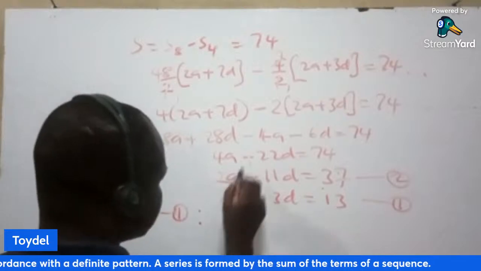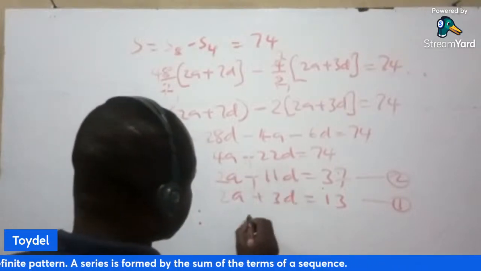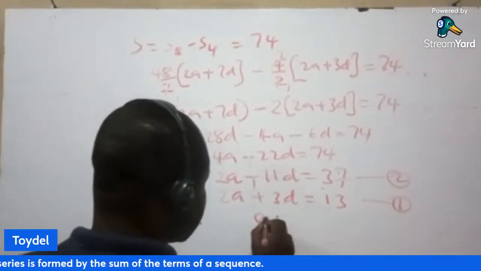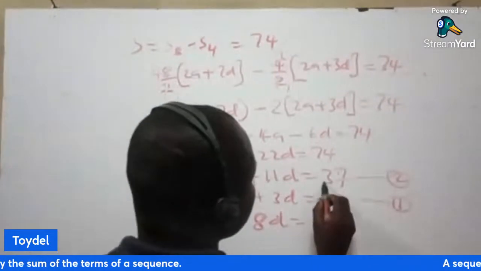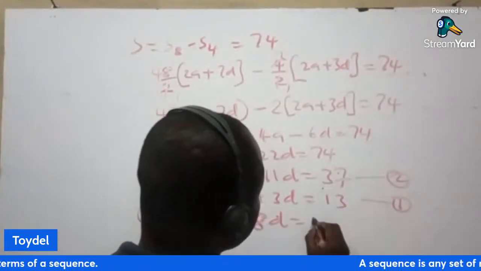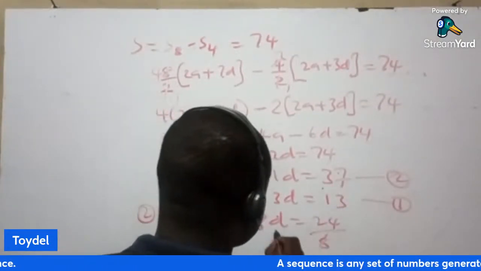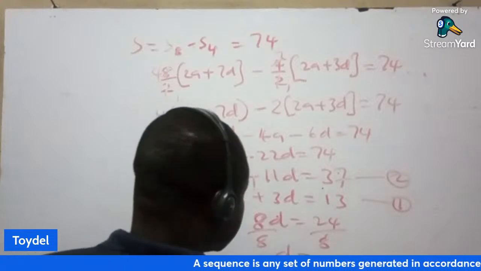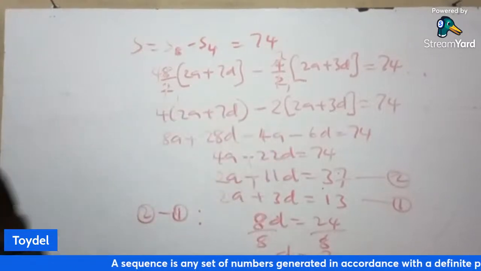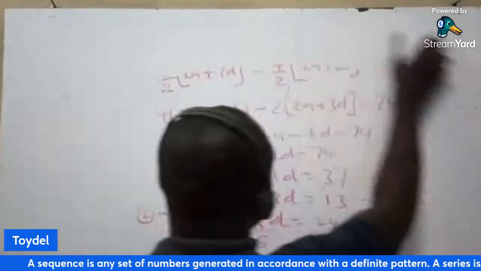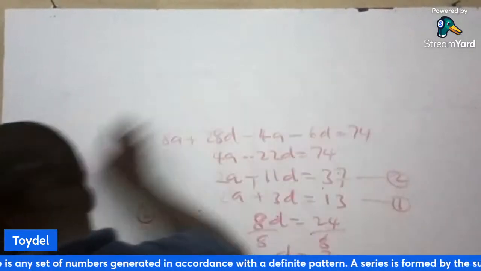If we do that, 2a minus 2a will cancel out. Then I have 11 minus 3, that's 8d, will be equal to 37 minus 13, that is 24. Divide both sides by 8. Therefore, d is equal to 3. So the common difference is equal to 3.